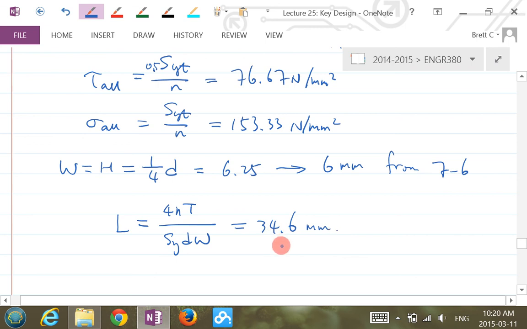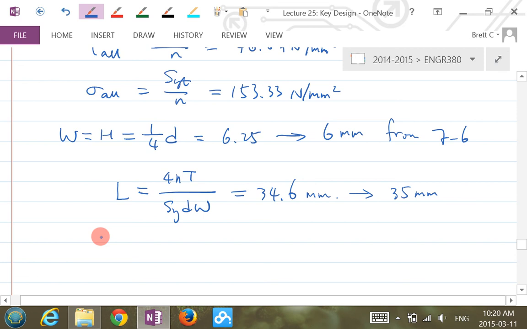This is not an integer either, so you should bump it up to 35 millimeter. This one you don't bump down, you move it up. So overall, the key size is 6 by 6 times 35 millimeter. That's the typical procedure of designing for the key. I think it's pretty straightforward.